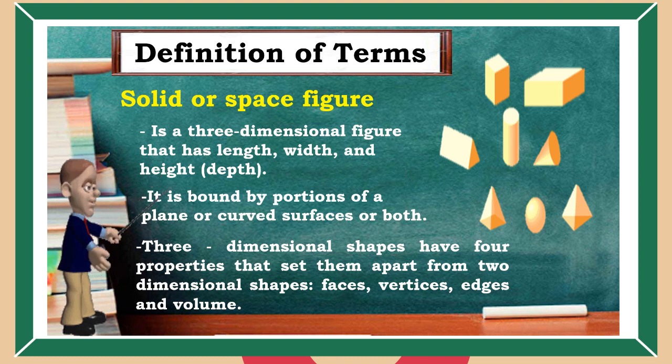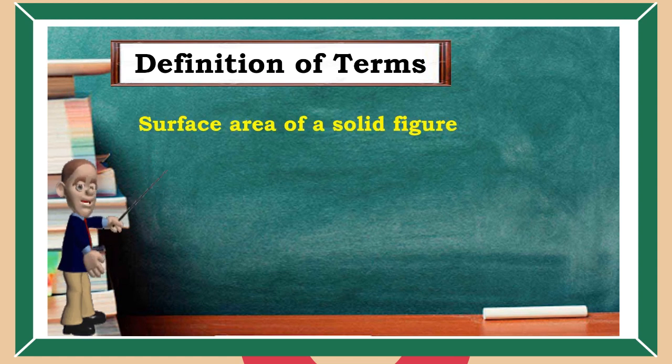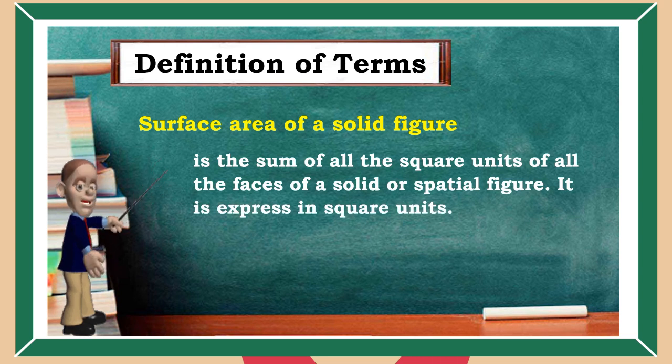Three-dimensional shapes have four properties that set them apart from two-dimensional shapes: faces, vertices, edges, and volume. Surface area of a solid figure. It is the sum of all squares unit of all the faces of a solid or spatial figure. It is expressed in square units.